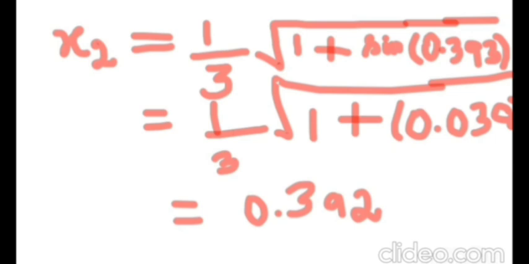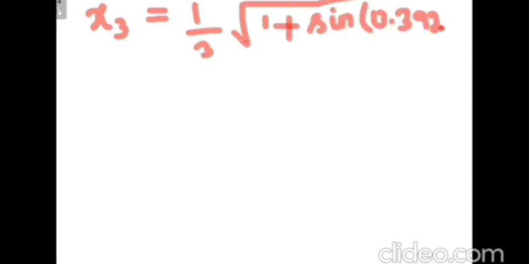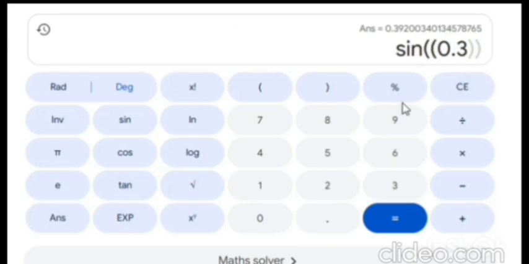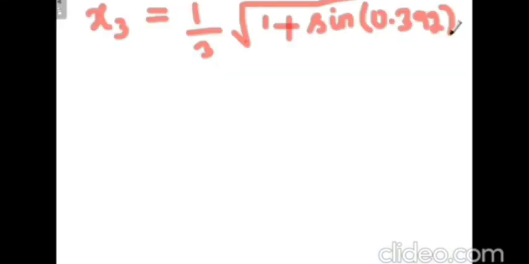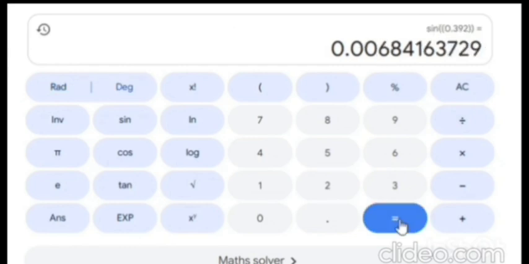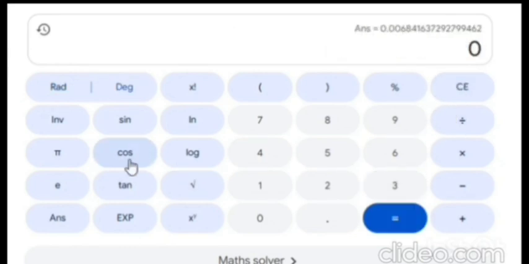Let me go with the value of x3. Before that, we have to be very clear in checking the previous root values, like x naught equal to 0.4, and x1, x2. Now I'm going to substitute x2 and find the value of x3. That is 1 by 3 root of 1 plus sine 0.392.